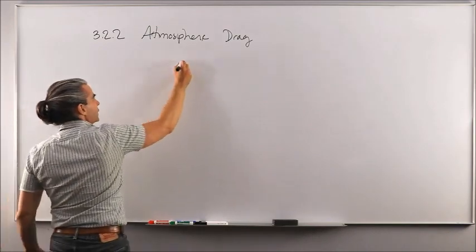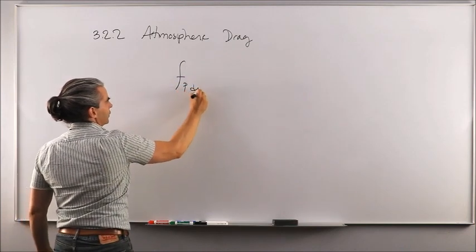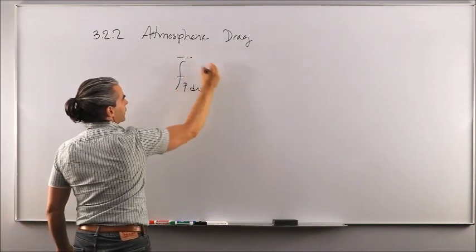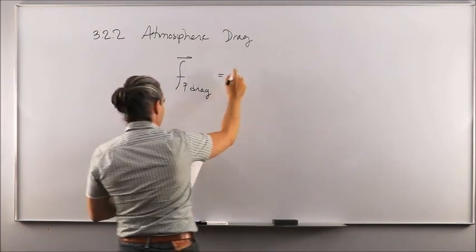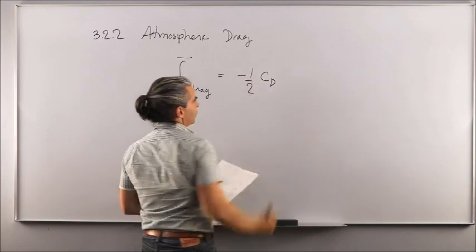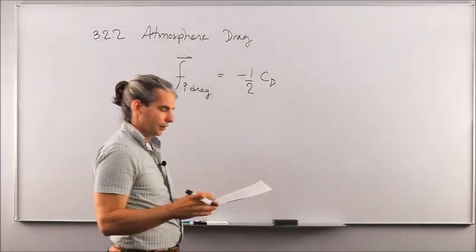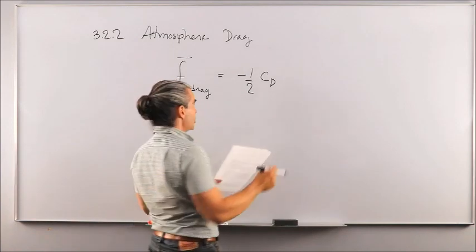So if you look at the perturbing acceleration due to drag, like this, we can model it as -1/2 times the drag coefficient of a spacecraft, which is typically a box-shaped object.